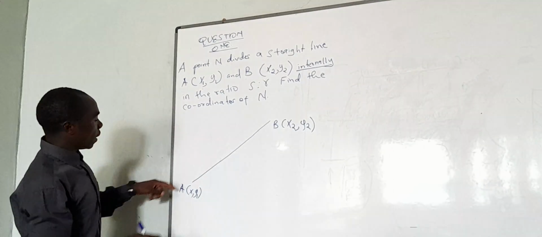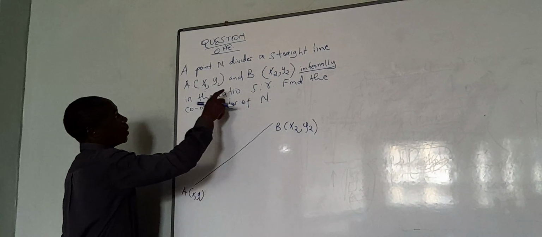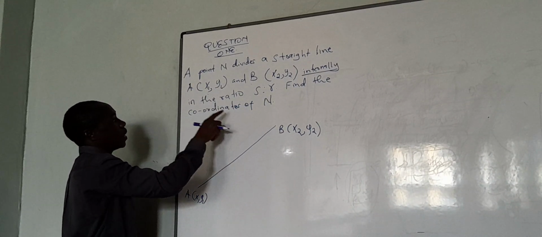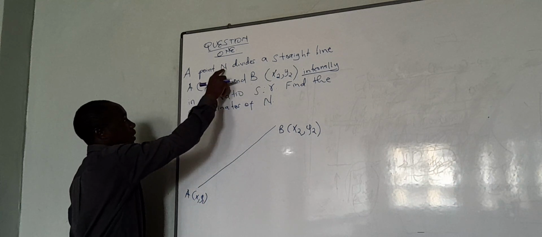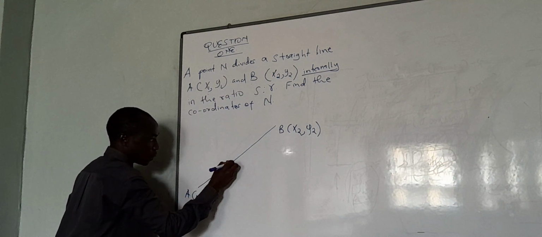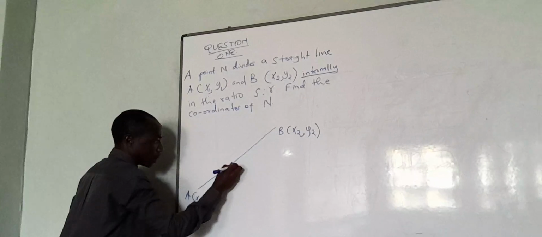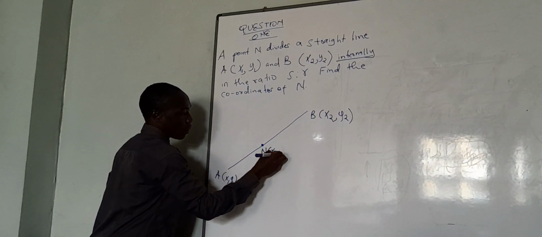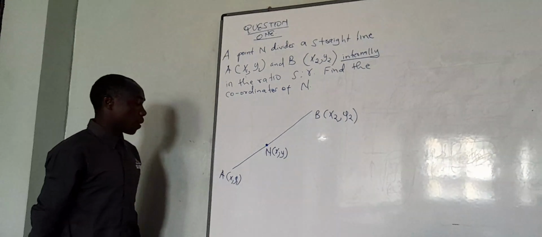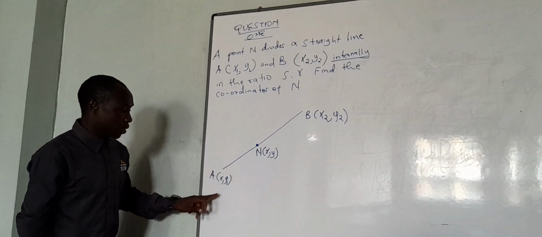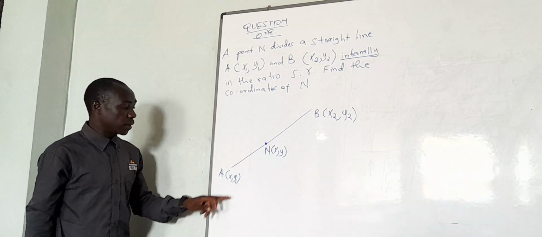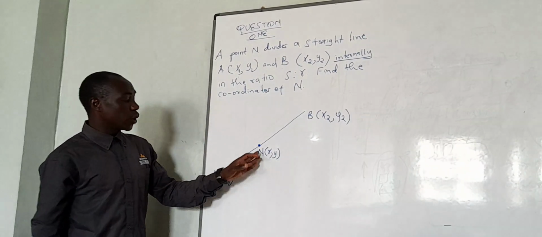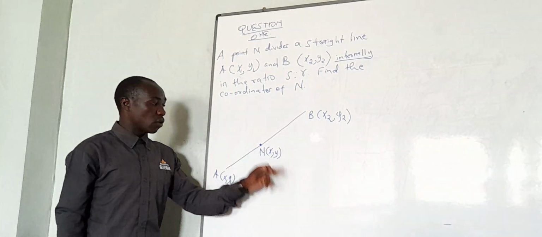We say that this straight line AB is divided internally in the ratio S to R at a point N. So let this point be N, and we give it the coordinates x, y, without the subscripts. This one has subscript 1, this one subscript 2, so here we just give the point N, x, y.